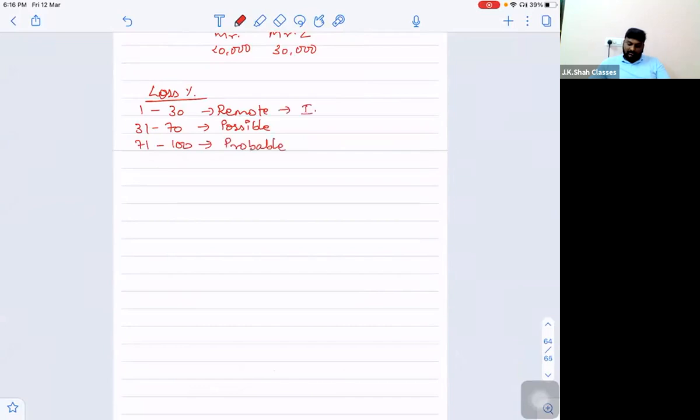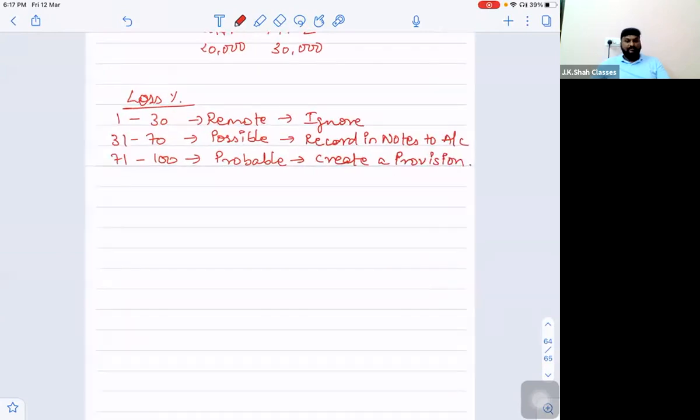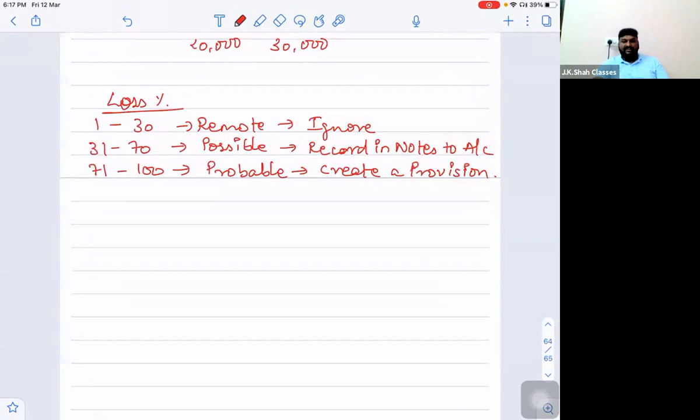So when it is remote, ignore. When it is possible, record in notes to accounts. And when it is probable, create a provision. Please note down these points as important points in your notebook. These are the standard percentages used by ICAI and some outside accounting standard agencies also.